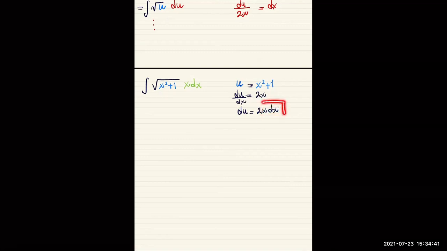So what I do here is solve for this x dx by dividing this relation by 2. x dx is equal to 1/2 du. Okay, so substitute now. You're going to get the antiderivative of the square root of u, and then this x dx is 1/2 du. Y'all see how that worked out?